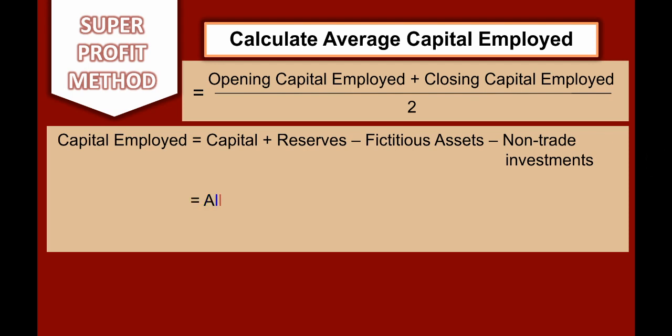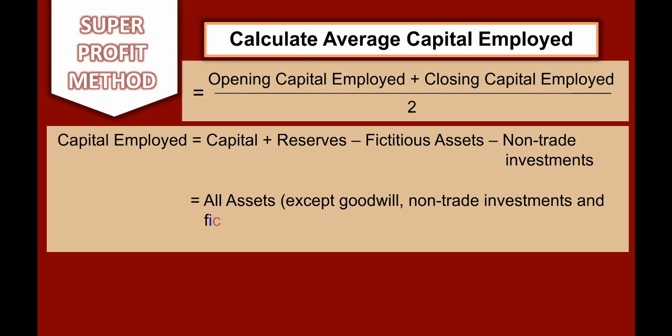And from asset approach, it is all assets except goodwill, non-trade investment and fictitious assets minus outside liabilities. We can use any of the methods depending upon the information given in the question.